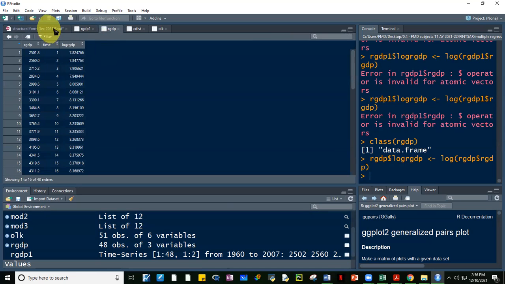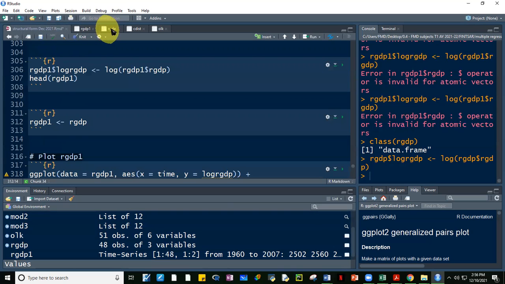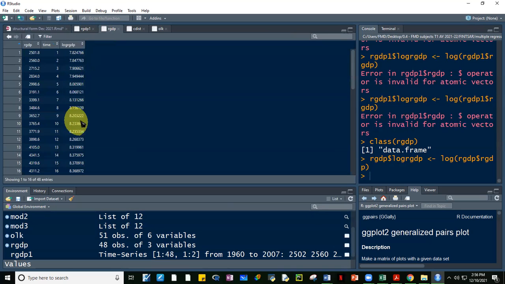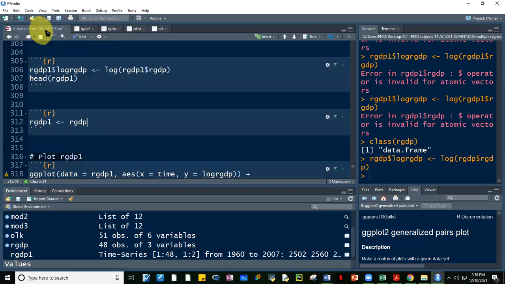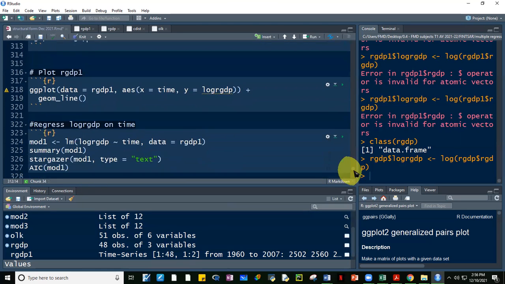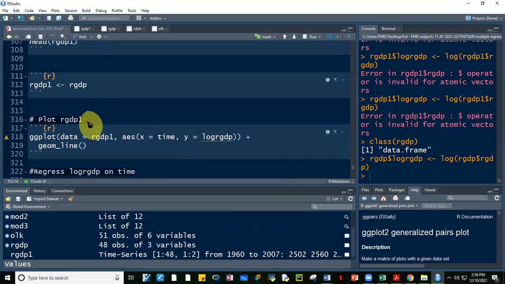Okay, what I'm going to do is, I'm going to change the name of this. Tatawagin ko to na RGDP1. Since this is called RGDP, I'm going to call it RGDP1 para yung mga functions, yung mga codes dito, hindi na natin papalitan yung RGDP1.